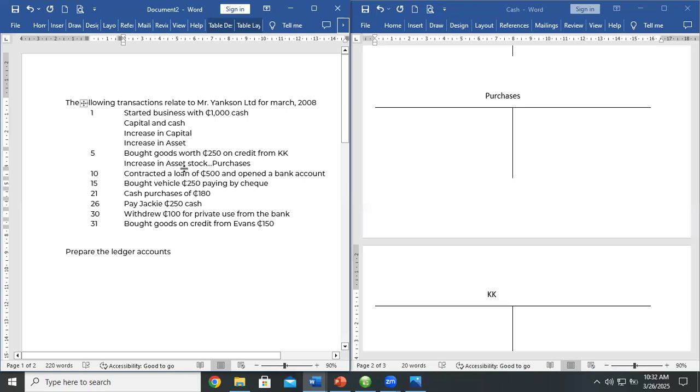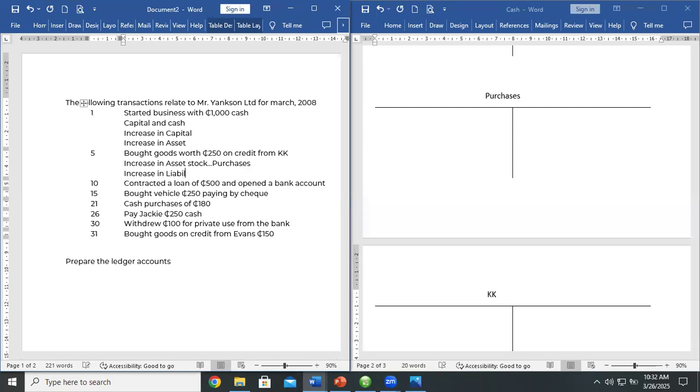Now, KK, which is the creditor, is an increase in liability, and per the principle, if liabilities increase, we credit. So that's why we are crediting KK as well.